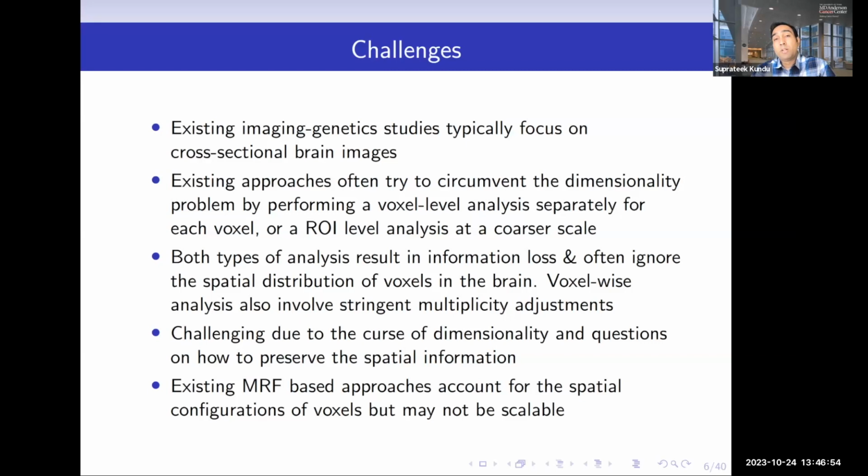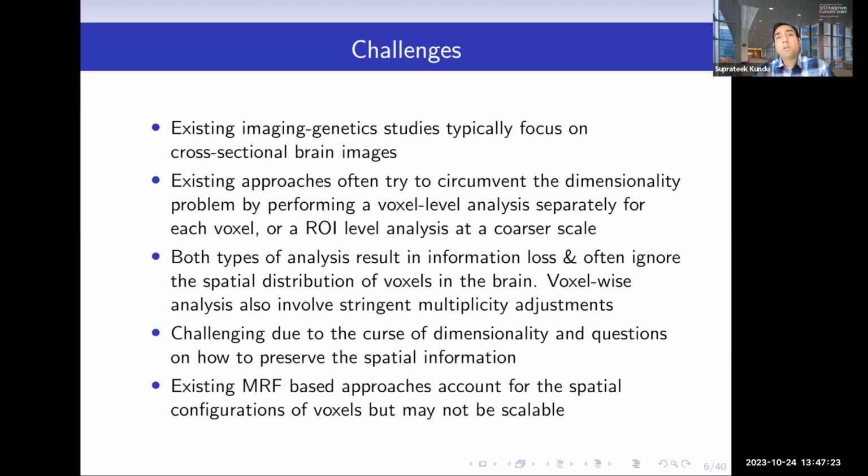And that's well known to cause problems. So Stein, in his NeuroImage paper, at least 10 or so years back, did this massive univariate analysis, which is voxel-wise. But that approach really hasn't gained steam over the past decade, precisely because of these underlying problems. So again, we are left to grapple with this curse of dimensionality and questions on how to preserve the spatial configurations of the voxels.